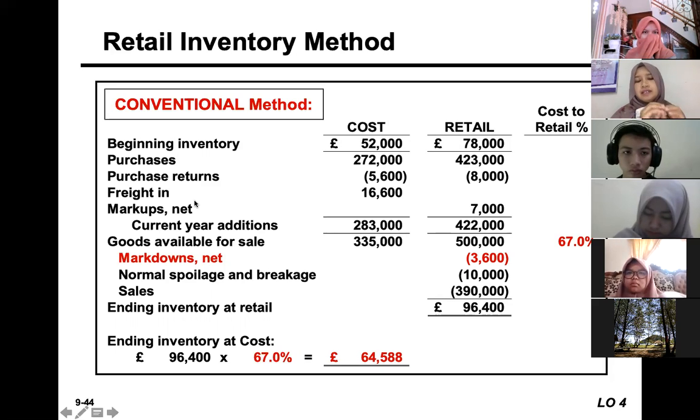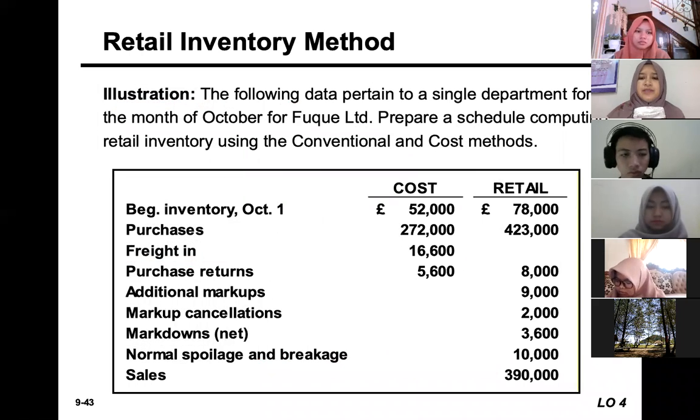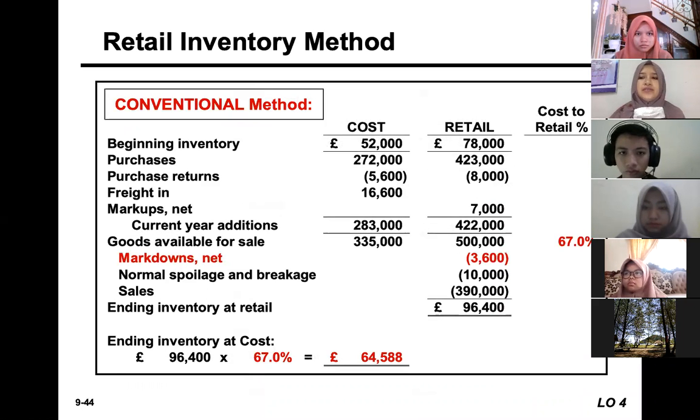They take the additional markup minus the markup cancellation. It gives you the net markup. Previously, the additional markup is 9,000 and the markup cancellation is 2,000. Offsetting this gives us a net markup of 7,000. So we add that markup, then it gives us the goods available for sale.